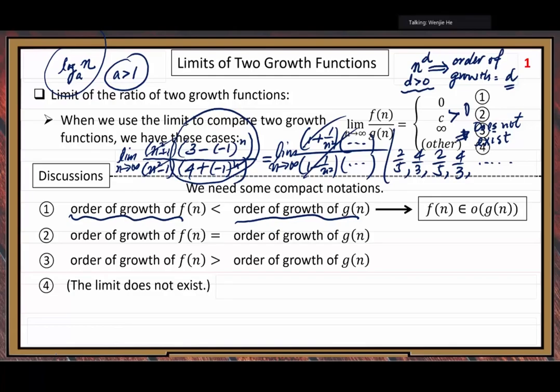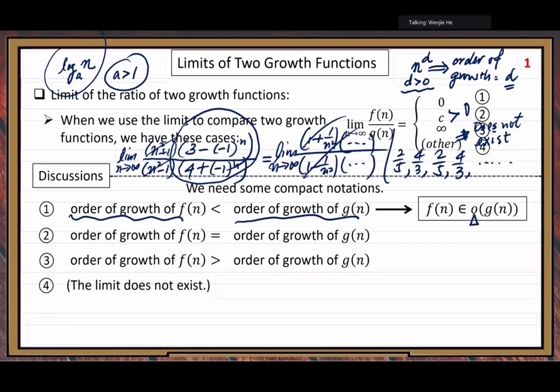Here we want to represent it in this way: f function belongs to little o of g of n. Little o, that's our first asymptotic notation. Very abstract, very short, very compact notation, very convenient to write. What's the meaning?